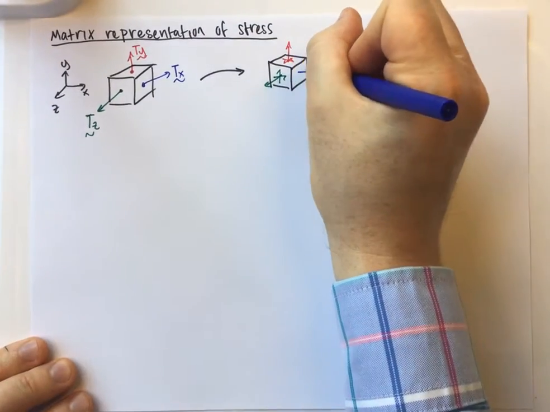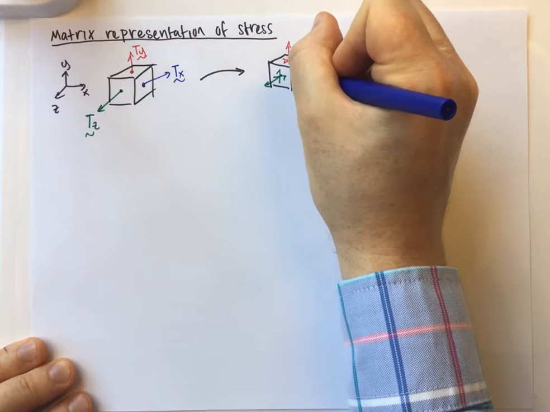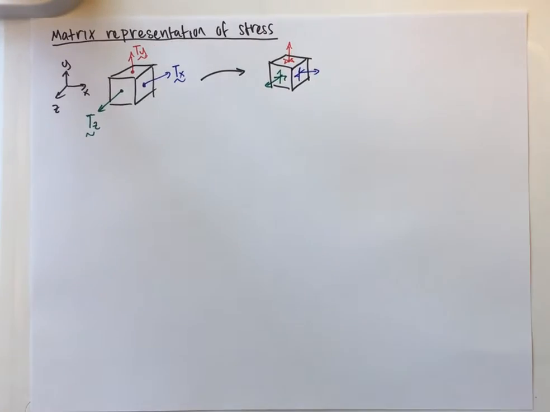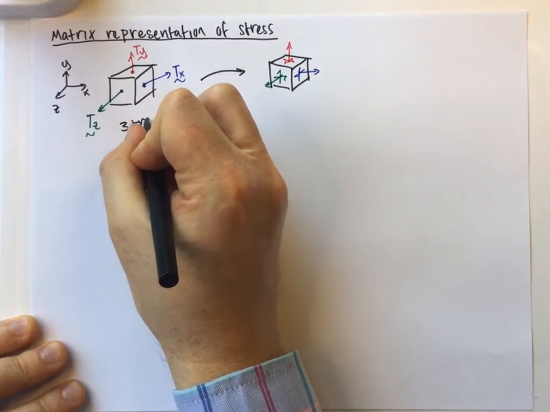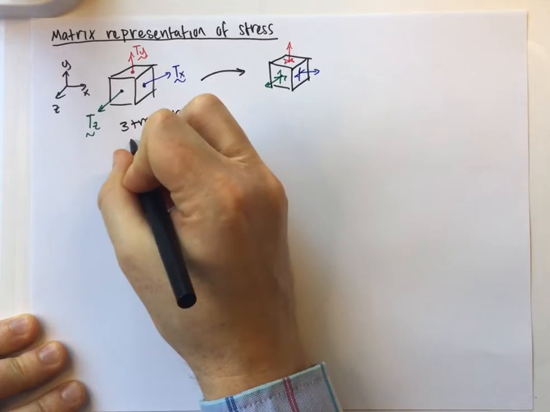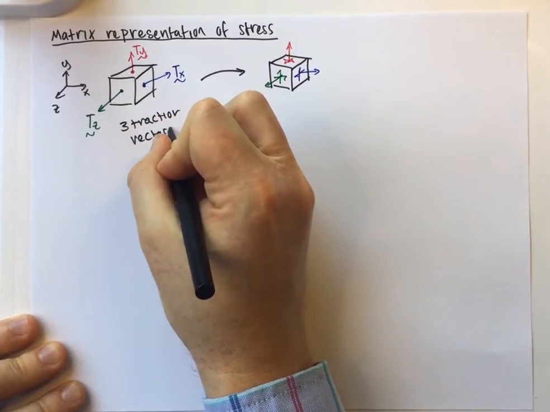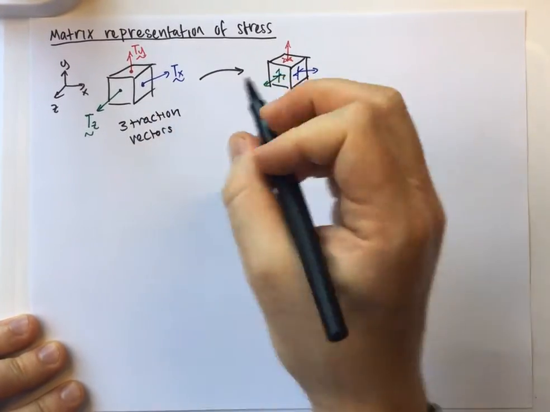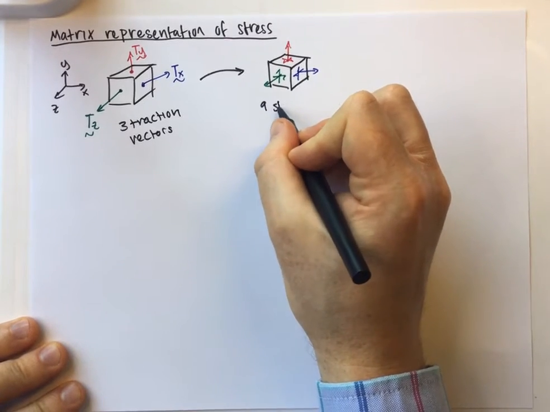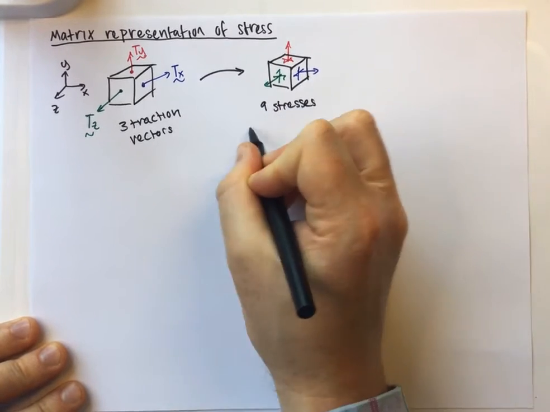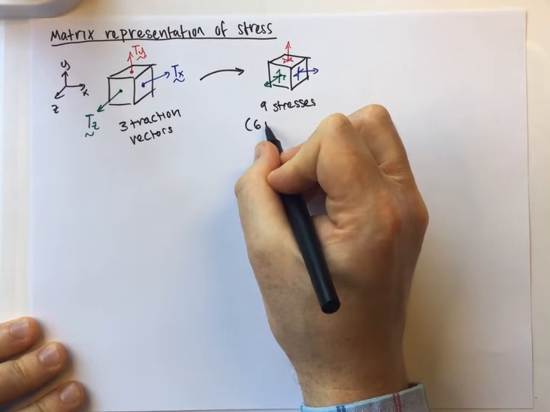And we can do that on this side. Okay, so that got us to the 9 stresses. So this was 3 traction vectors. Sorry. We have 9 stresses. And we've already figured out that only 6 of them are independent.